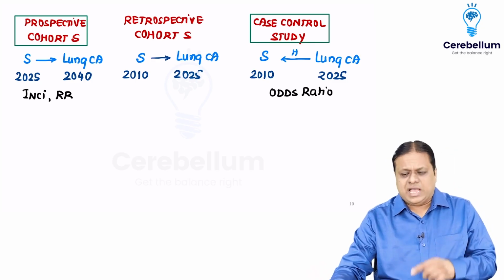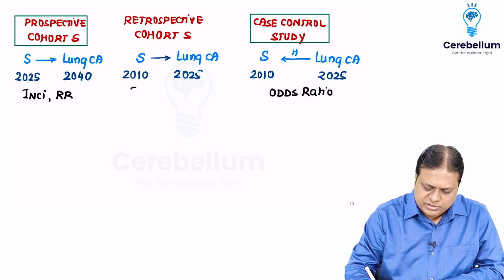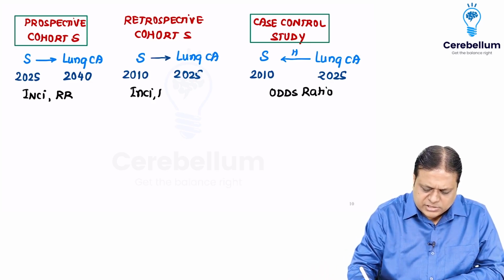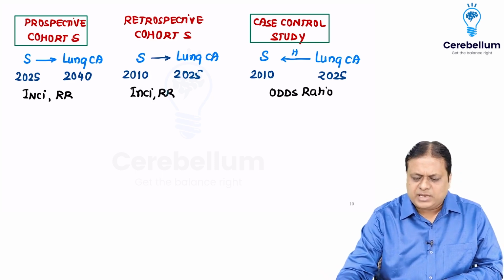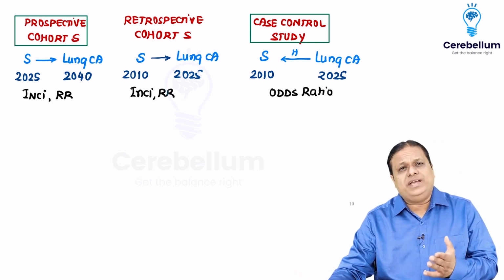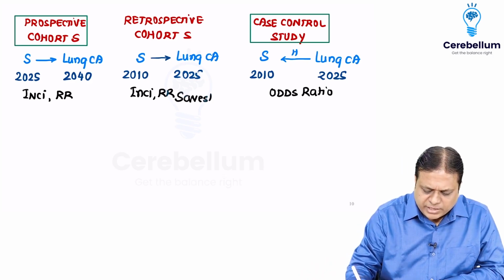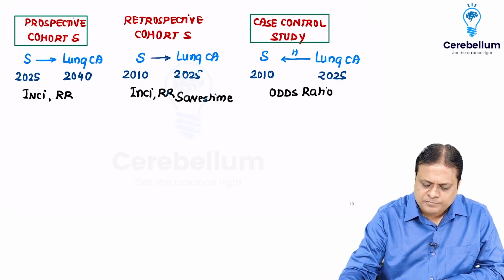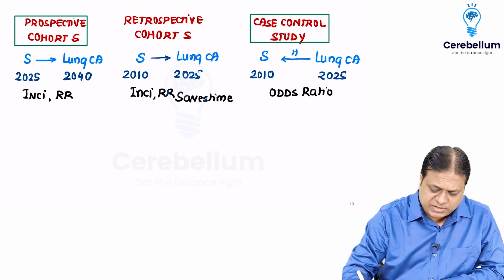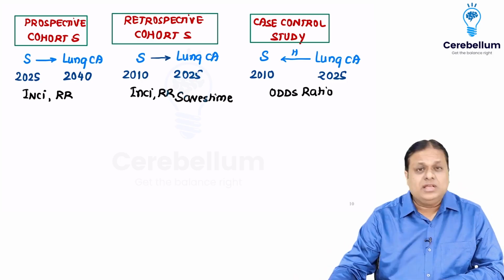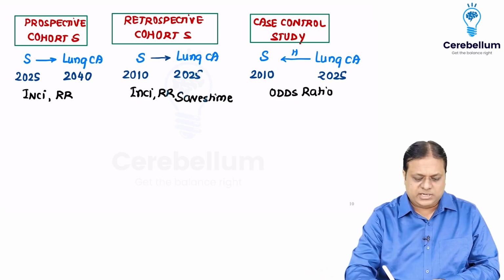This way, I am going in a forward direction, so I will get incidence and relative risk. But I am also not spending 15 years of my life, so it will save my time also. This particular study design, which combines the advantages of both, is known as a retrospective cohort study.